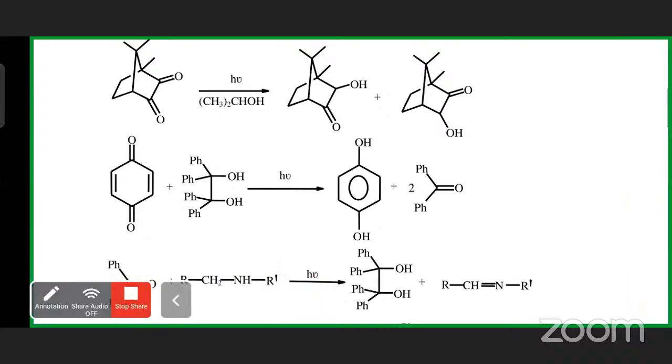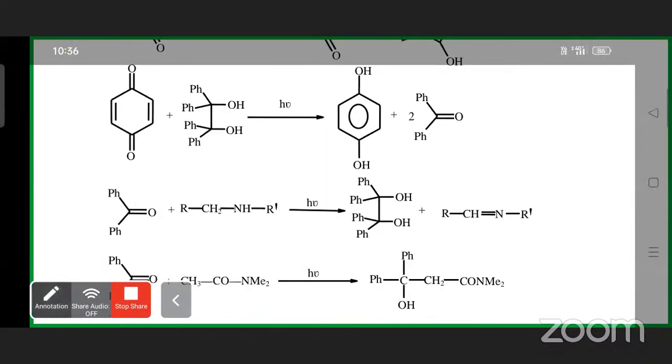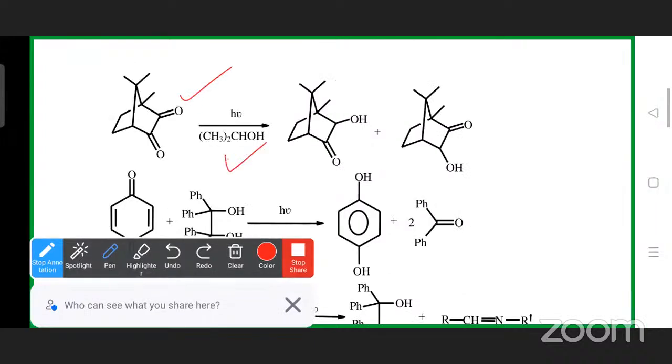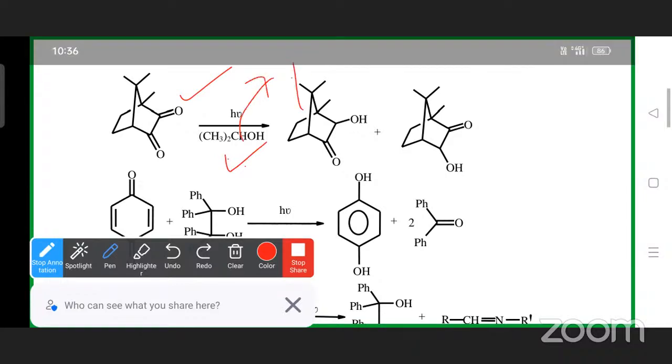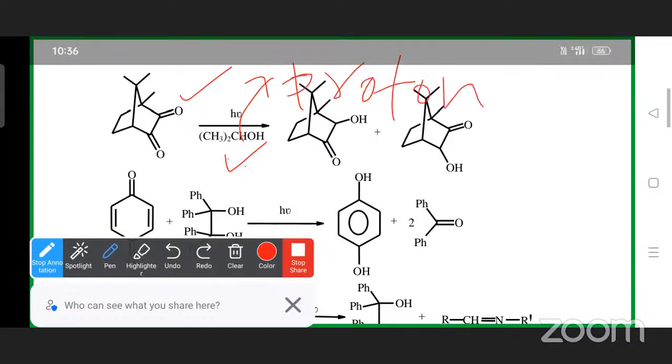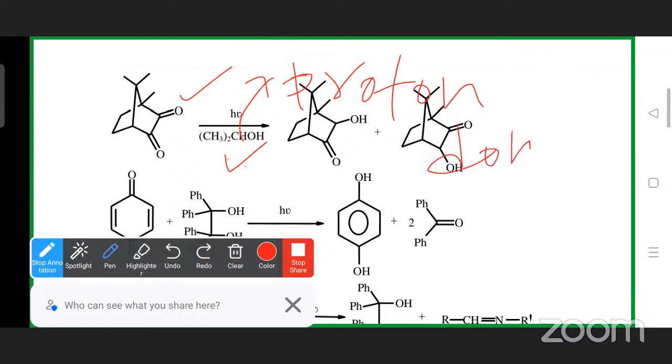So here you see this dicarbonyl compound. Isopropyl alcohol is donating the proton. So this is a proton donor here. Isopropyl alcohol is a proton donor. It donates a proton here.